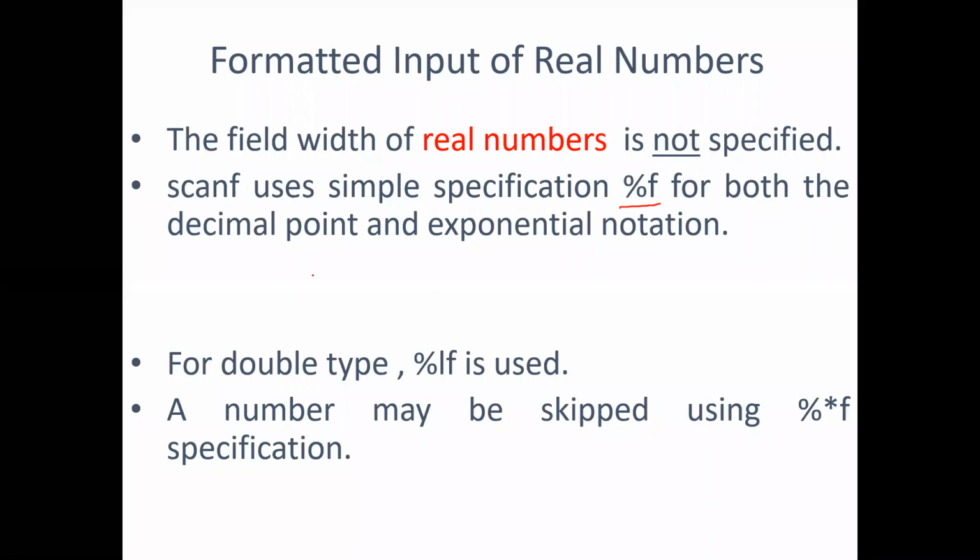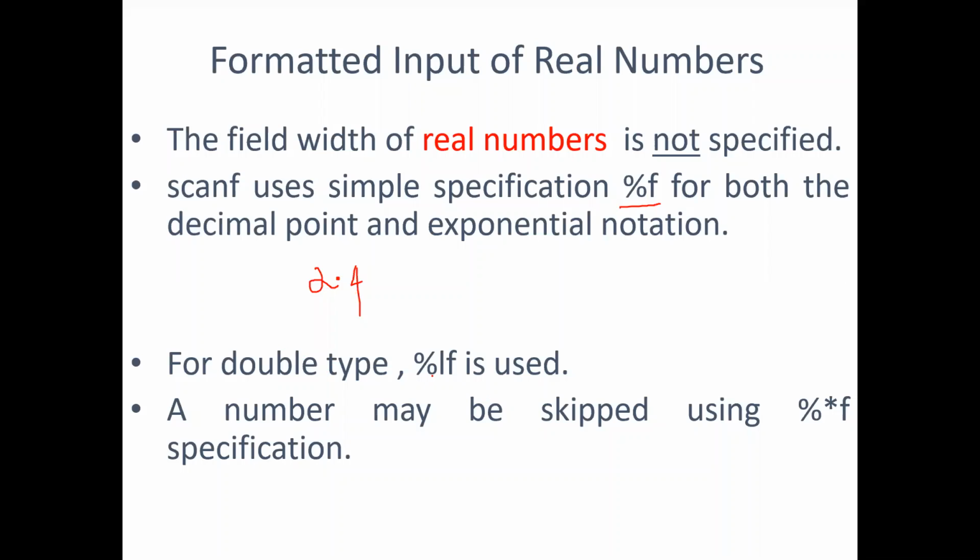We are not separately accepting. Suppose it is 2.4. We are not specifying that 2 should be the integer part and 4 should be the fractional part, right? We are just giving %f, and you can enter 2.4 directly.